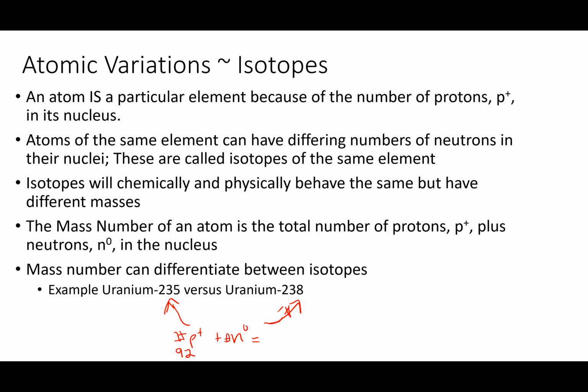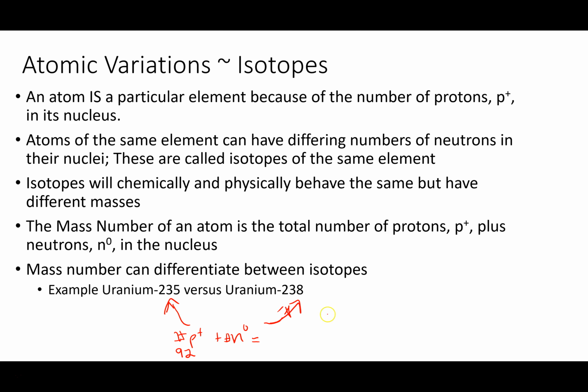92. And if I add them together, they equal that number. So can you see, for instance, if I take 238 and subtract from that the 92, I'm going to cheat with a calculator. 238 minus 92 is 146.